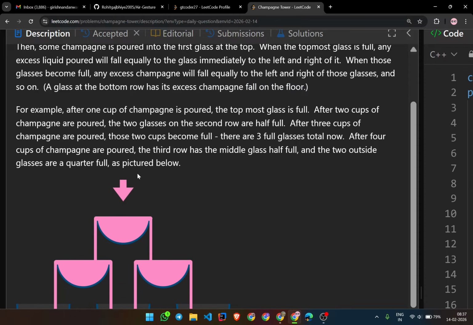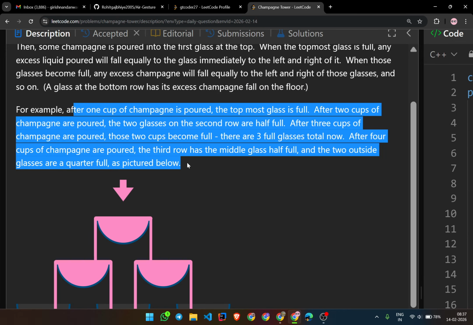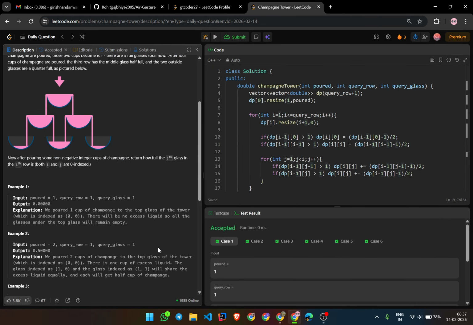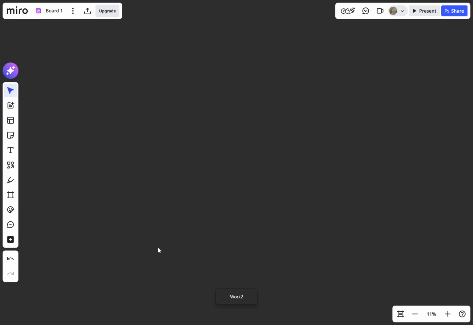For example, after one row, this is the example which is given, you can read it. So let's discuss this problem. If we have this cup, after filling it fully, the extra champagne will pour into this and this equally.